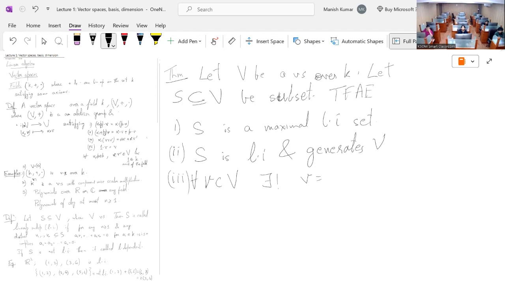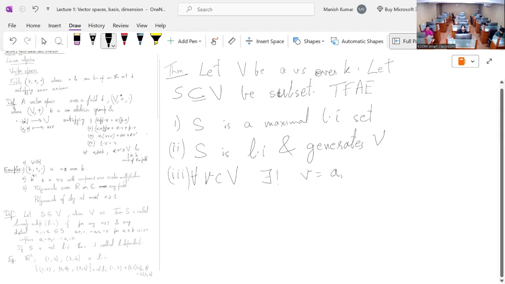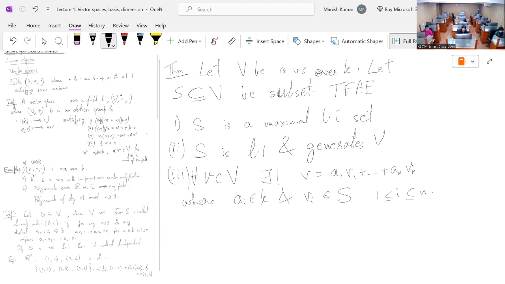Maybe I'll write it this way: a1 v1 plus up to an vn, where the ai are in the field K and the vi are in the set S, with i between 1 and n. And maybe ai is non-zero, since I'm insisting ai to be non-zero, let's just be more precise.